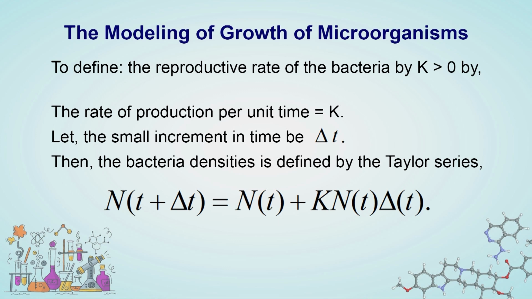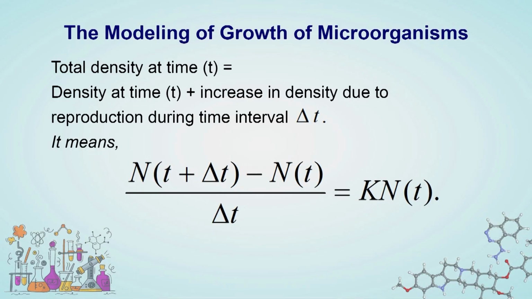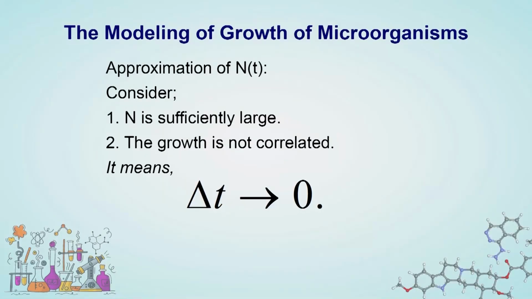which is just an application of differential equations. Here we have the rate of change in terms of a fraction, whose numerator is the difference between two densities of bacteria, N(t plus delta t) minus N(t), with respect to delta t, which is defined by k N(t). Why is this ratio considered? Here delta t approaches 0.